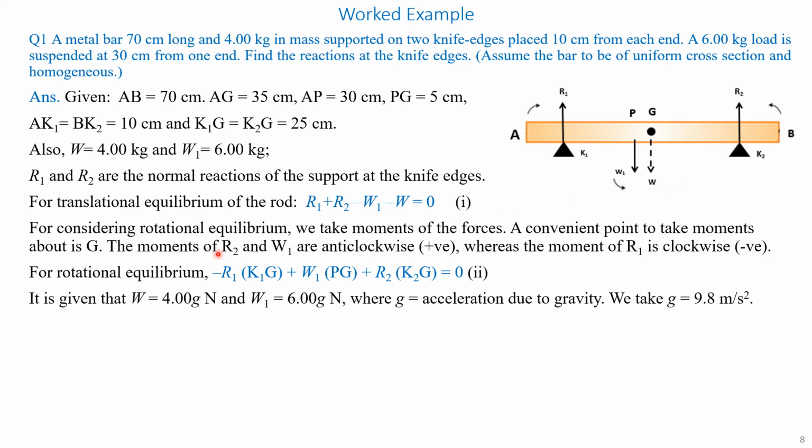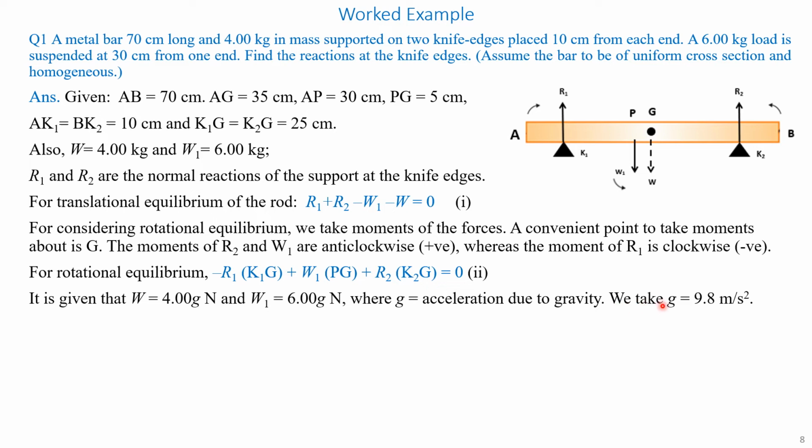It is given that W is equal to 4 into g, that is mg. Mass is 4 kg and g is the gravitational acceleration. So W is equal to 4.00 g newtons and W1 is equal to 6.00 g newtons, where g is the acceleration due to gravity.